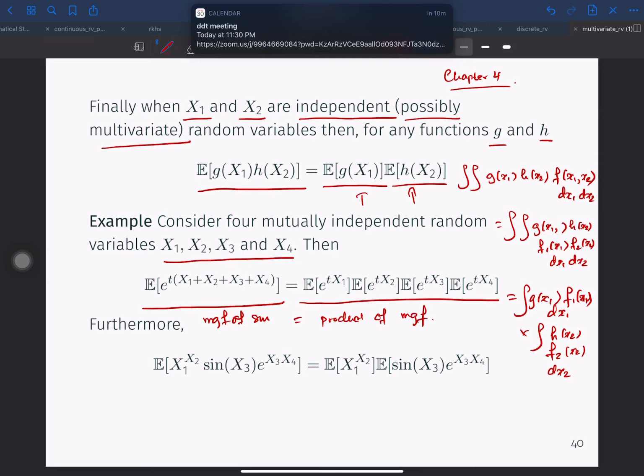And we saw this earlier in chapter 4. Furthermore, for something more complicated like this one, this random variable here only depends on x1, x2, so you can move it outside. And this term here depends on x3 and x4, so you can put it outside. That is why here we say that x1 and x2 are independent and possibly multivariate.